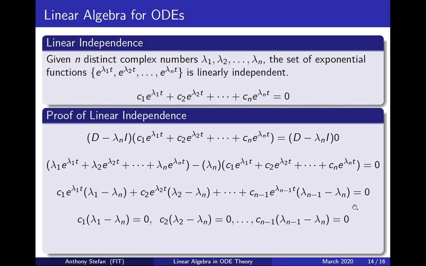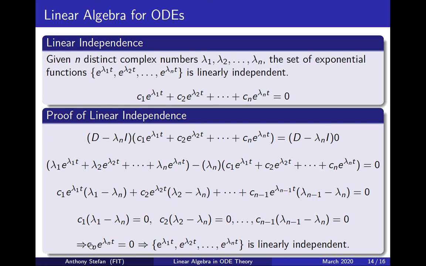Then what this implies is that, by the induction hypothesis, each of C1 through Cn minus 1 is equal to 0. Then all we are left with is Cn e^(lambda n t) equal to 0.